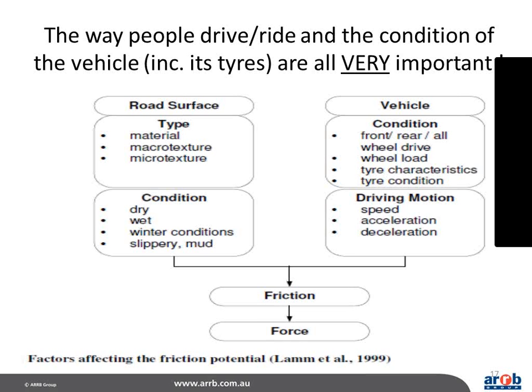You can see there on the left-hand side how the road surface contributes, and we'll touch upon the materials that are involved and these two terms there, macro and microtexture, in a moment. Talking about the conditions, as we've seen, dry, wet, winter, slippery mud, and also things like the amount of bitumen that might be on the surface, and indeed perhaps the temperature. So all of these things contribute, and all of these things are important.